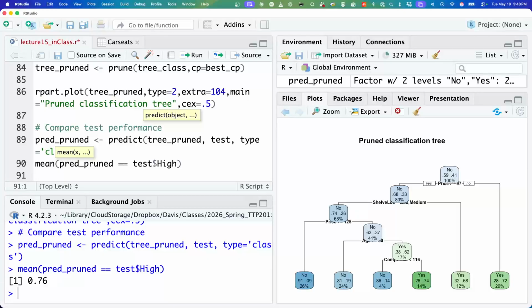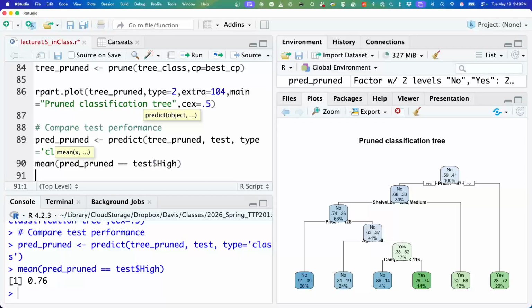And here the value is almost the same, 0.76 instead of 0.775. So in this case, our test performance ends up just slightly lower, but I think that's just variation that can happen in the sampling.